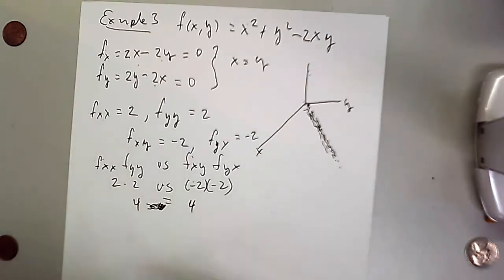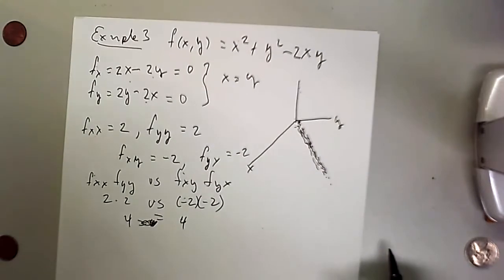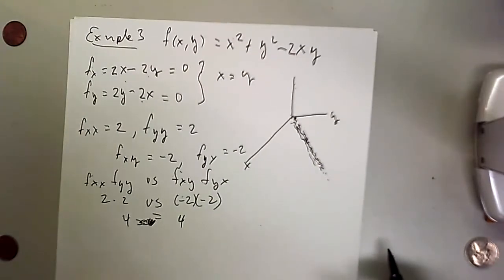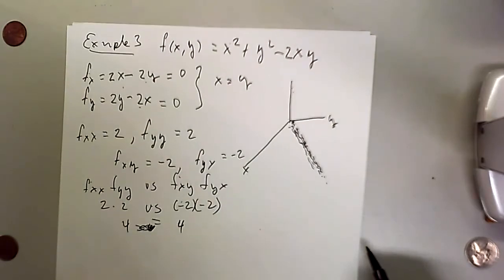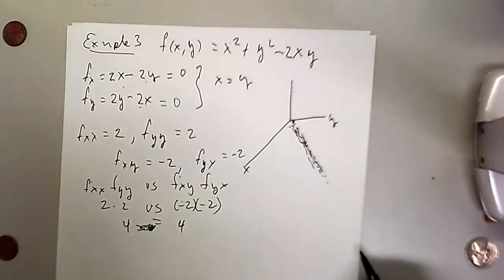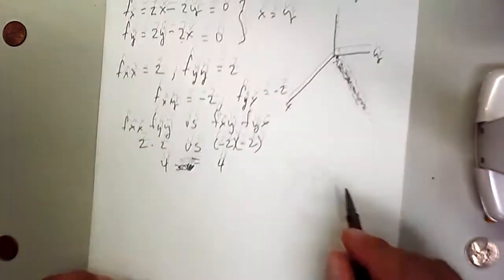This test does not tell us what is going on. So we have to now use a little bit of common sense and see what happens if x is different than y. If x is a little more than y, I'm going to explore that right now.